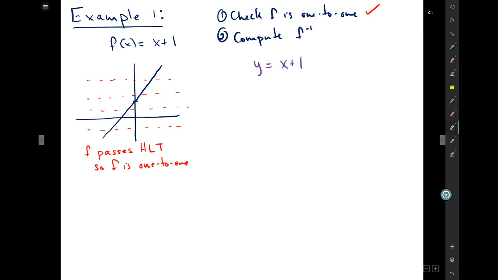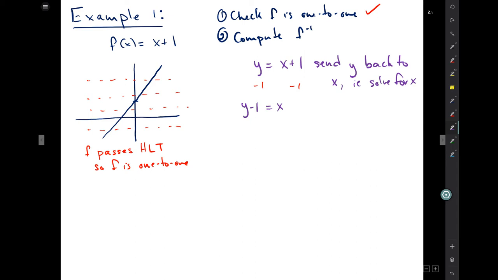And we want to figure out how to send y back to x, i.e. we want to solve for x. So this one's pretty easy. I subtract 1 from both sides, and I end up with y minus 1 is equal to x.